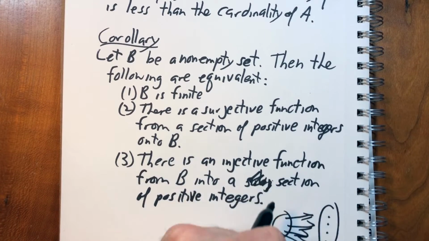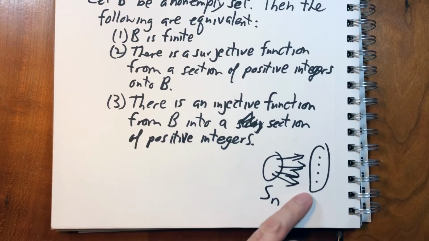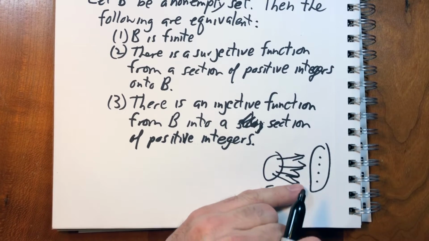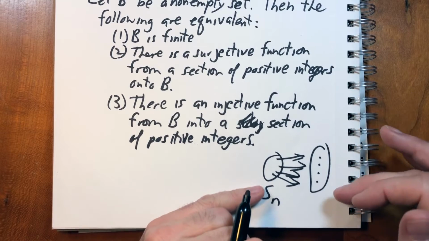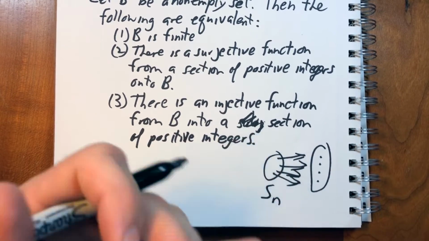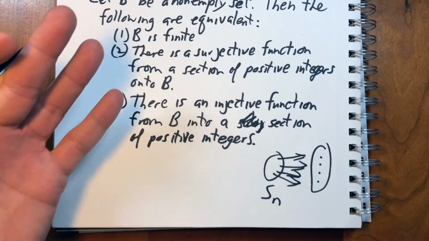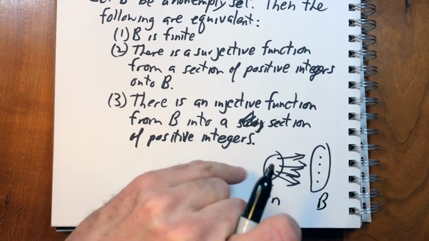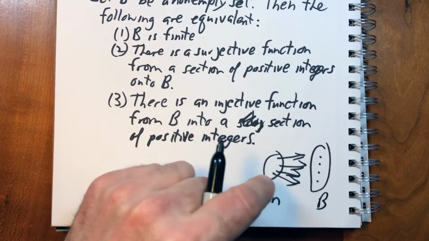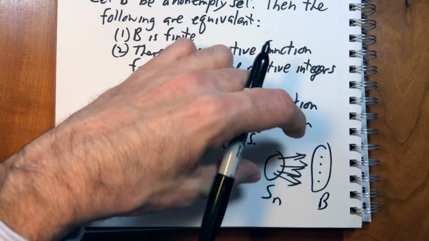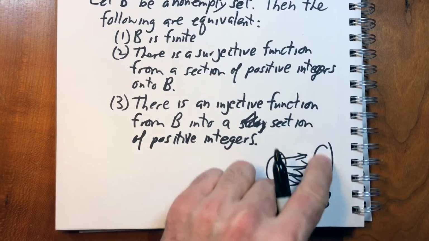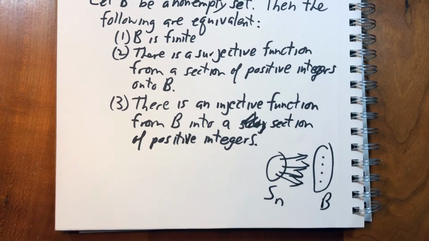And so you can see how this means that B is finite. Because if this weren't true, there might be extra elements here that aren't accounted for by the section of positive integers. And if there's one, there could be infinitely many. We haven't limited B in any way. But if we know that every element in B is covered by some element in this finite section of integers, then we know that B has to be finite also.